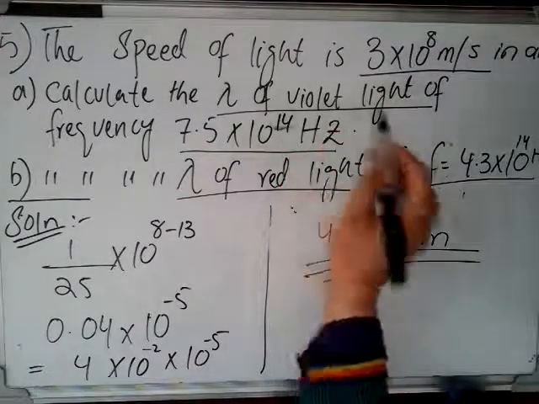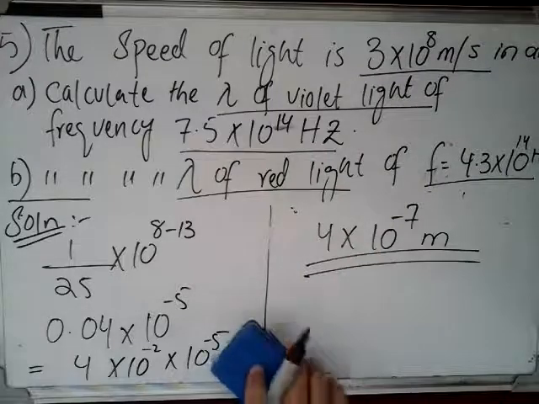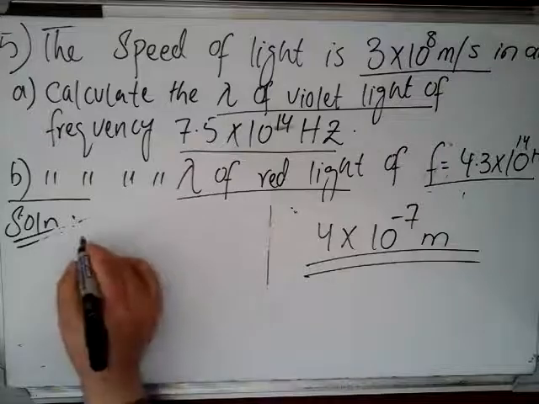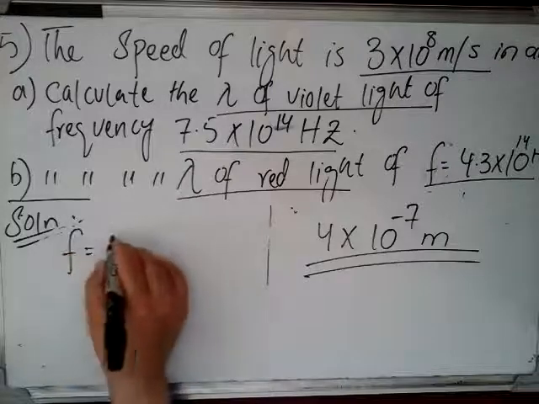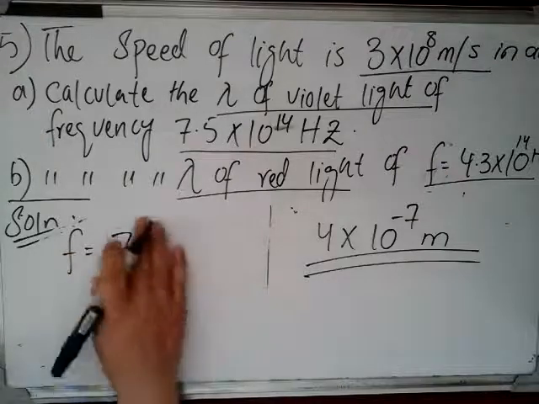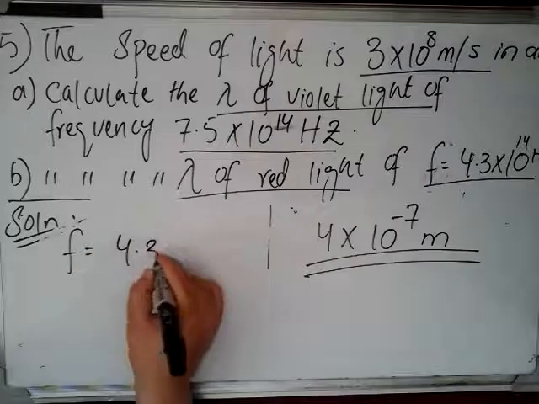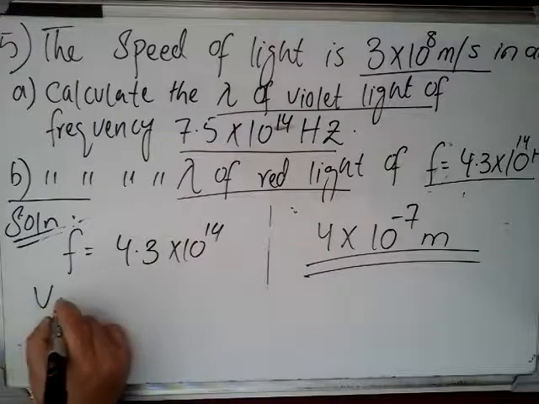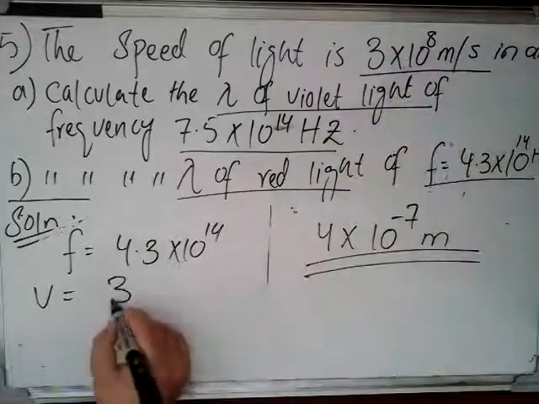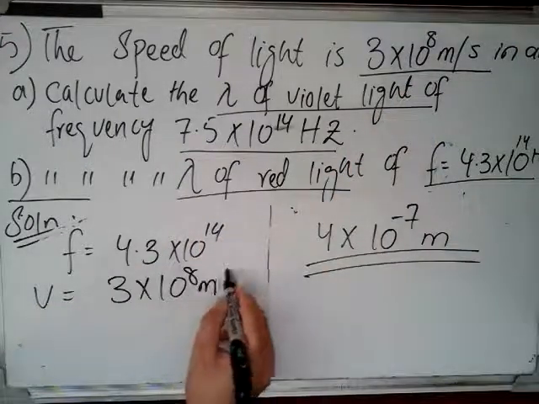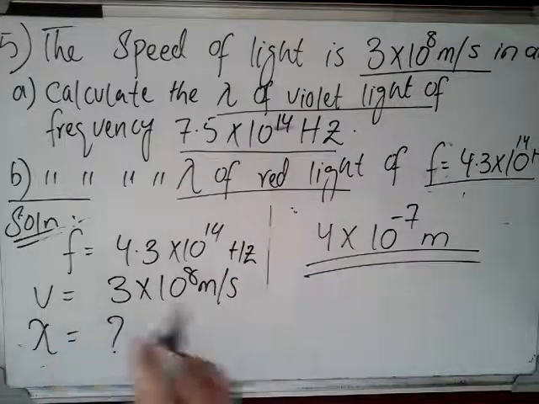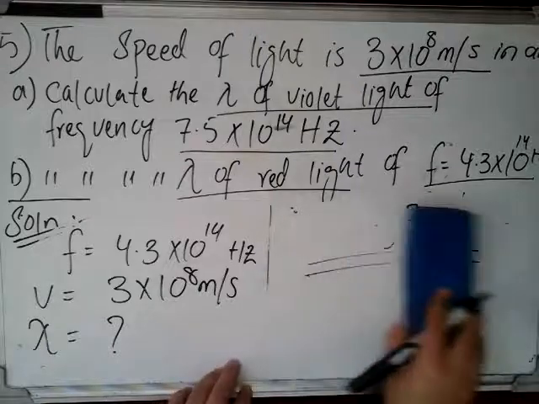In part B of this question, the frequency given is 4.3 into 10 raised to power 14, and the speed as usual is 3 into 10 raised to power 8 meter per second. So again we have to find the wavelength. How can we find it?